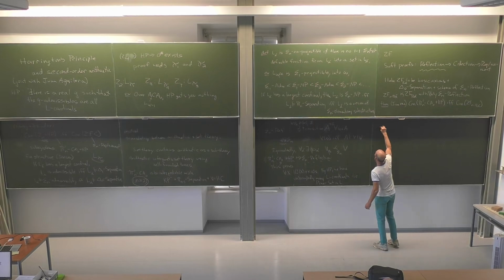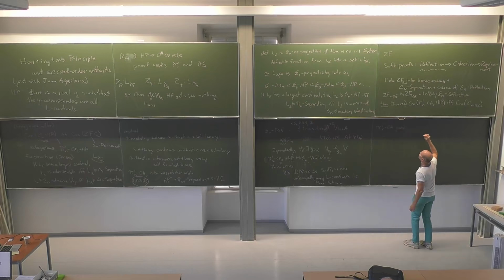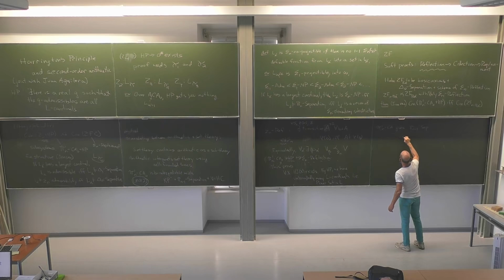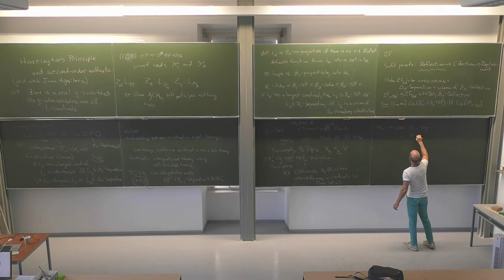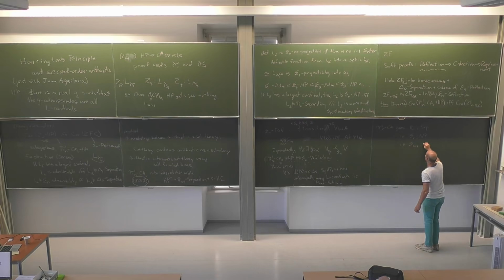Pi 1 n comprehension gives pi n minus 1 separation, which is sigma n non-projectability, sigma n minus 1 non-projectability, which is sigma n minus 1 reflection.